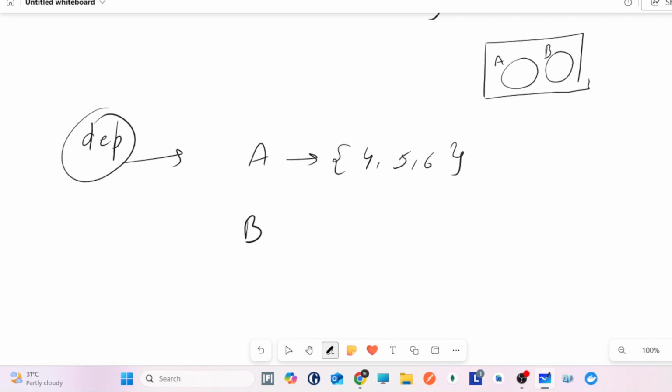And event B is asking: what is the probability that on the first outcome we get a 5? Based upon this sample space, the probability is 1 by 3. So these two events are dependent, right? If suppose we don't get any element that is greater than 3, we get 1, 2, or 3, right? So the sample space of A is 5.